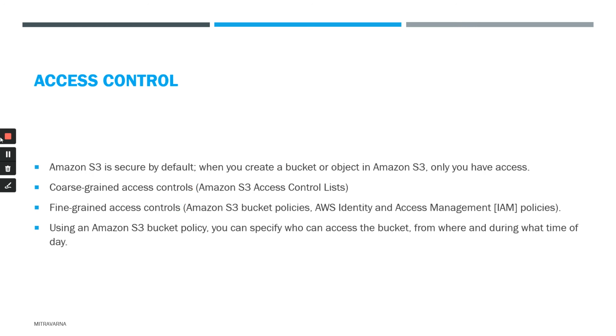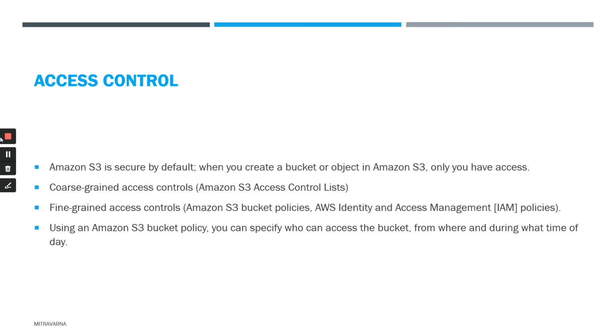Next one is access control. Access control is used to secure the S3 bucket. Amazon S3 is secure by default: when you create a bucket or object on Amazon S3, only you have access. But we can give access with the help of access control lists or bucket policies to secure our S3 bucket on the cloud itself.